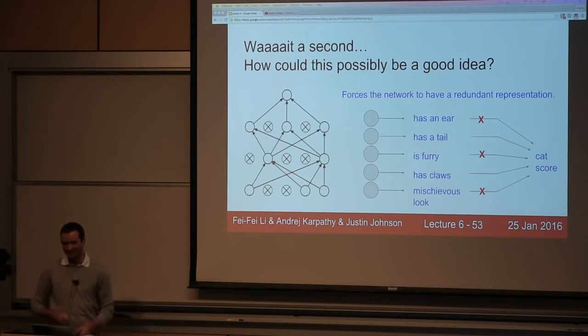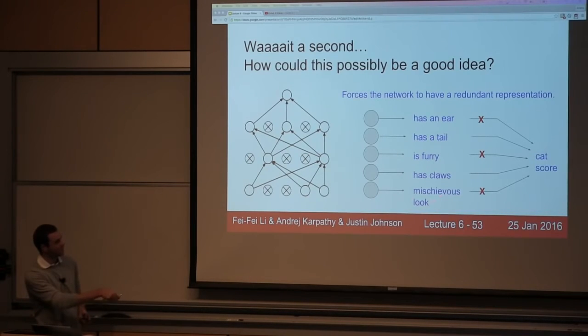Let's look at a particular example instead of hand waving, okay? Suppose that we are trying to compute the cat score in a neural network. You have all these different units, and there are many ways to look at dropout, but one of them is it's forcing your representation for what the image was about to be redundant.